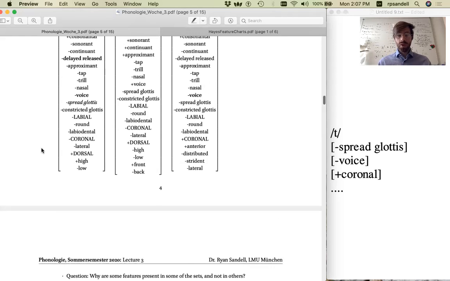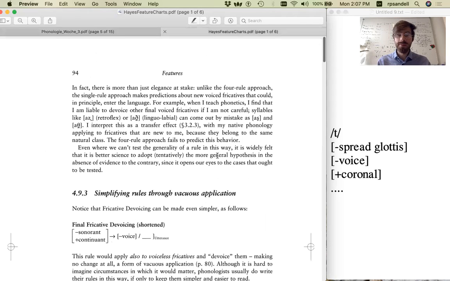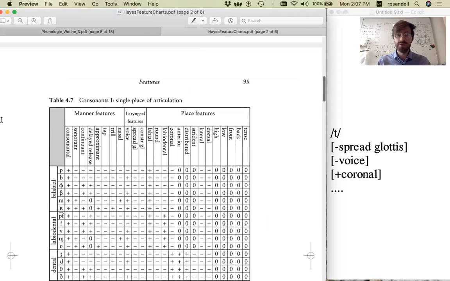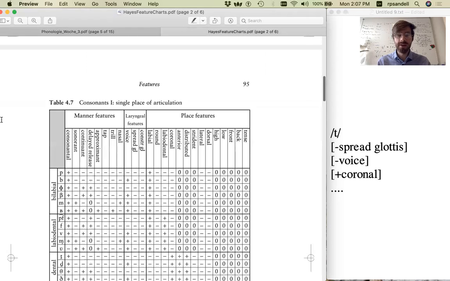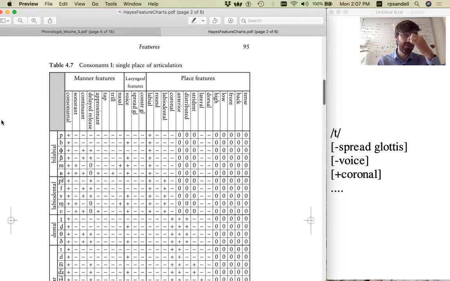So one question that might arise if you look over the feature charts provided in Hayes' textbook, beginning on page 95 for the consonants, in his table 4.7, is that there are some features in this table that I haven't given in these feature matrices.